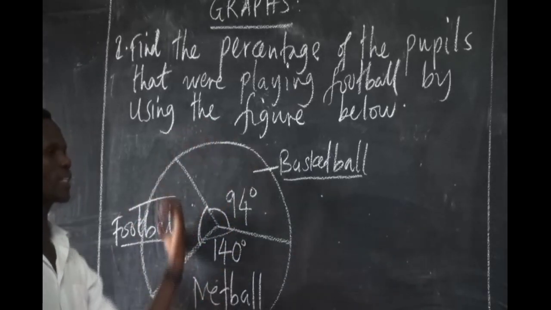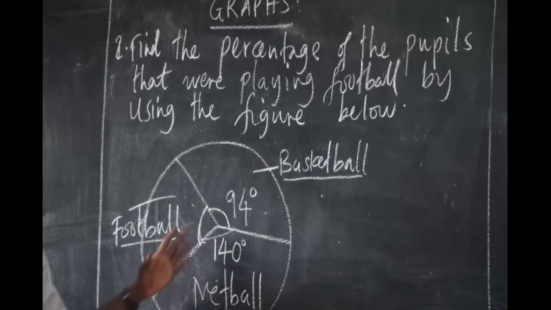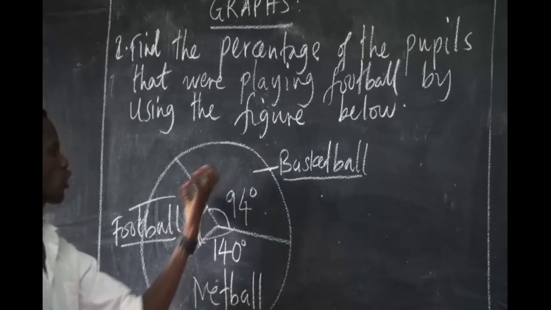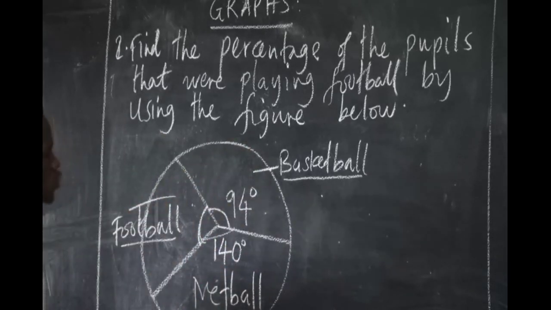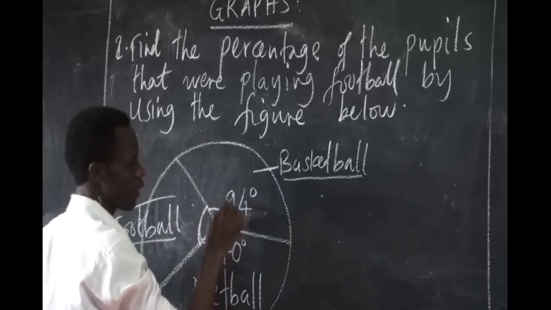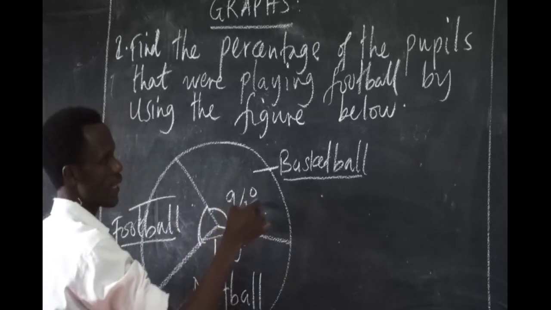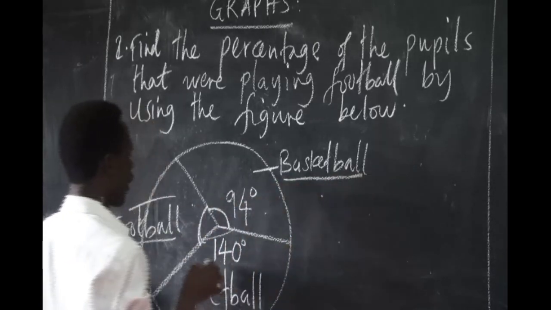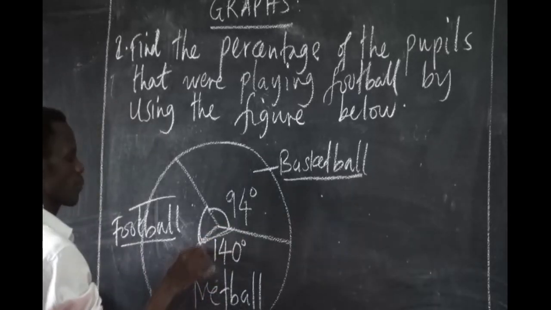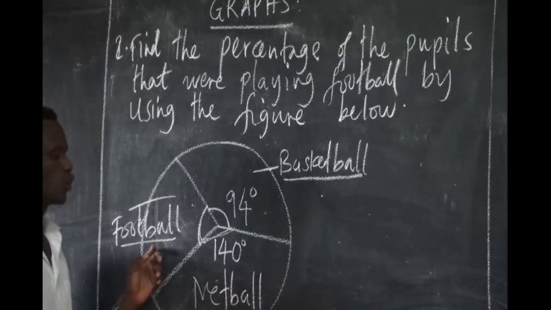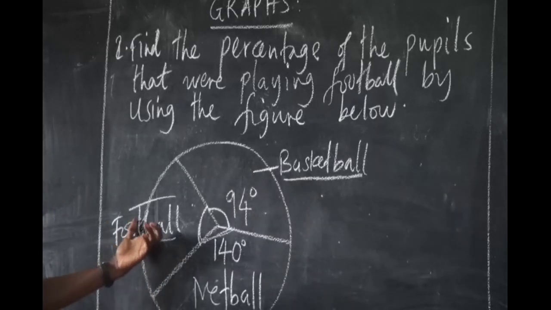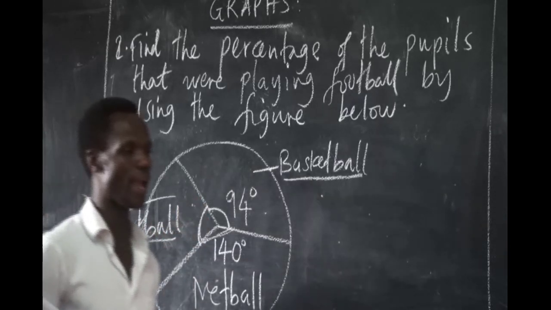The total degree of this chart is 360. This portion is 94 degrees, represented by basketball. Now this is netball, which is equal to 140 degrees. But when you look here, this is the football, and there is nothing there.